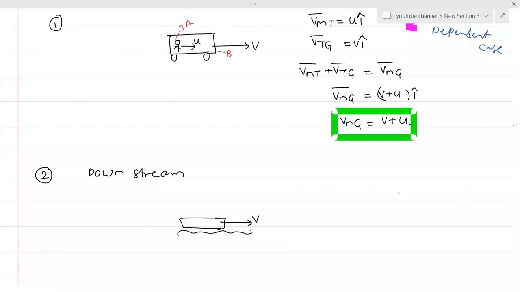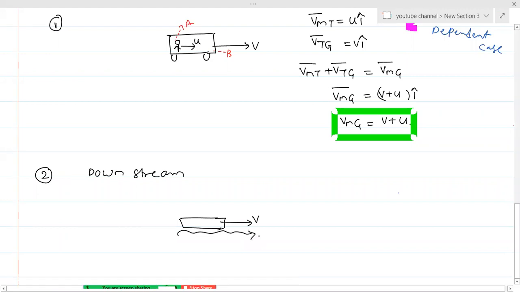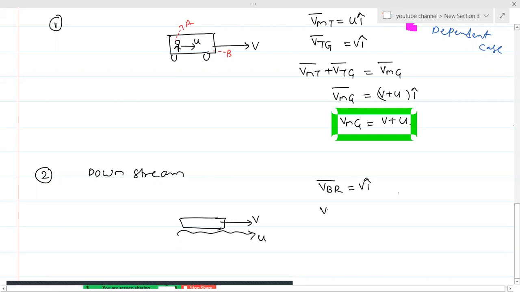If the boat is traveling with a speed v with respect to the river, and the river is also flowing in the same direction with a speed u. Again, the velocity of the boat with respect to the river is v i cap, and the velocity of the river with respect to the ground is u i cap.